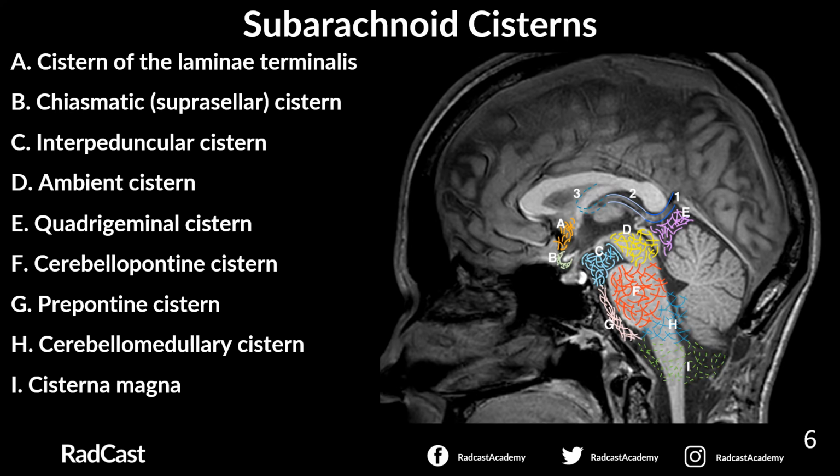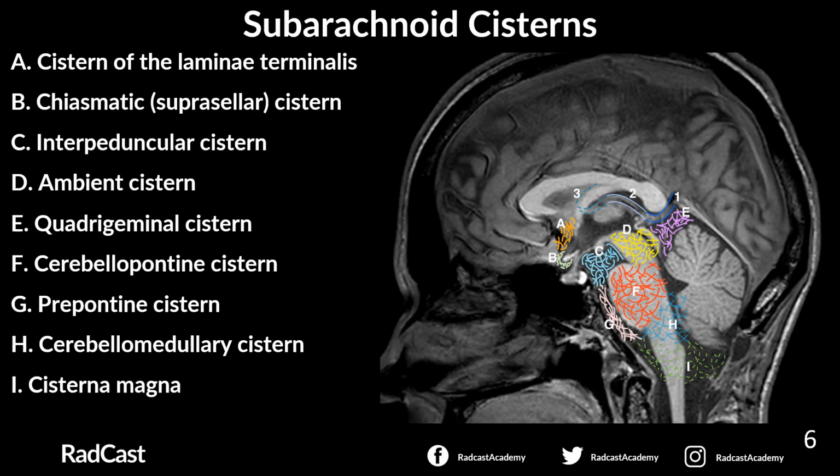C, which is anterior to the midbrain and called interpeduncular cistern. D. Ambient cistern, which is lateral to the midbrain. E. Quadrigeminal cistern, which is surrounded superiorly by splenium of corpus callosum and inferiorly by the superior border of cerebellum.